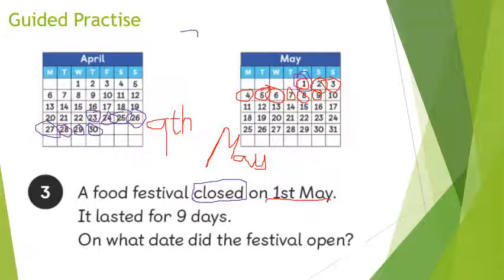So the correct answer, I'm going to cross out, is the 23rd of April. Well done. I'm sure there was somebody that spotted that I was going wrong a little bit earlier and you were shouting at the screen telling me that I was wrong.